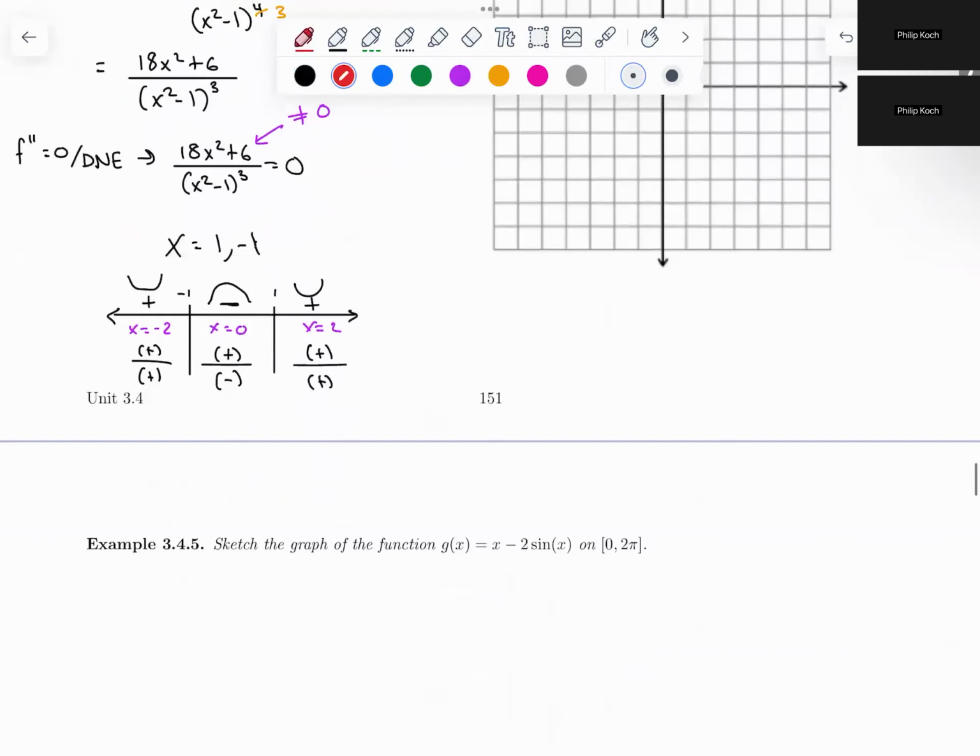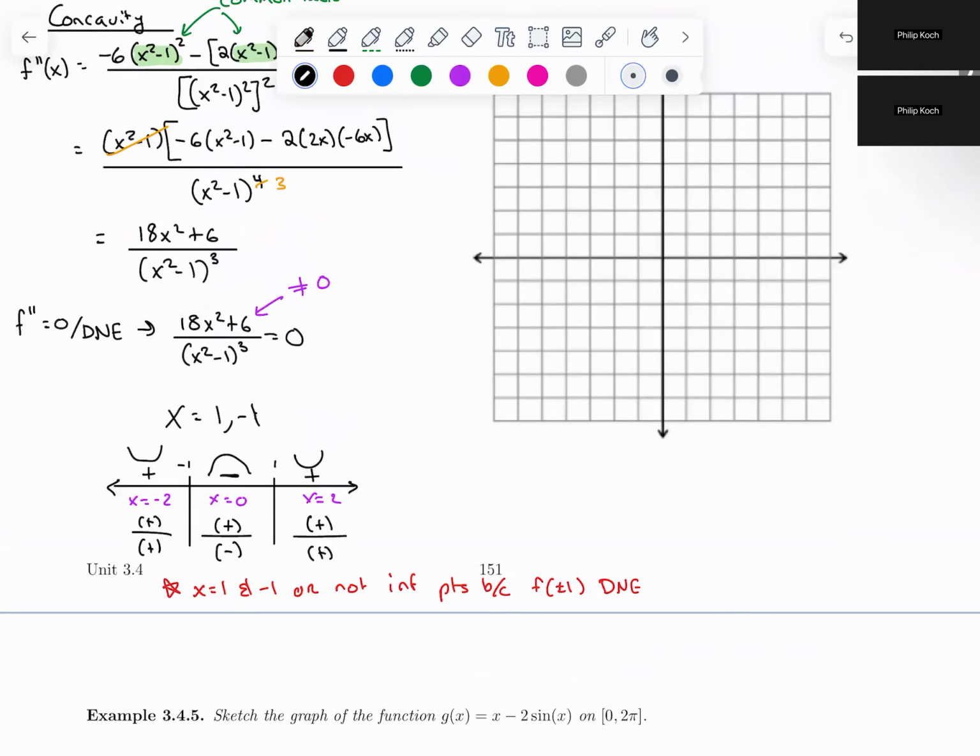But we do now know the concave up and concave down situation. We know it's concave up from -infinity to -1, and from 1 to +infinity, it's concave down in between -1 and 1. And I forgot to label this f double prime.